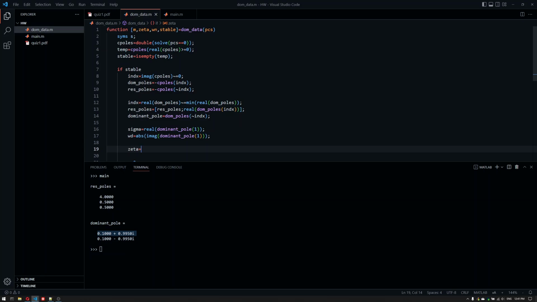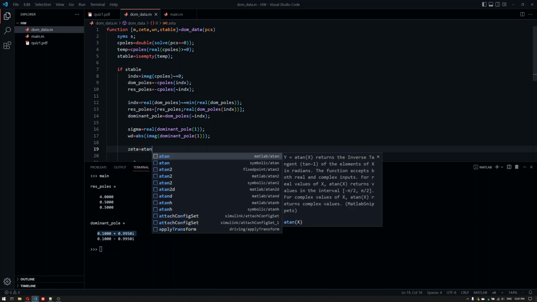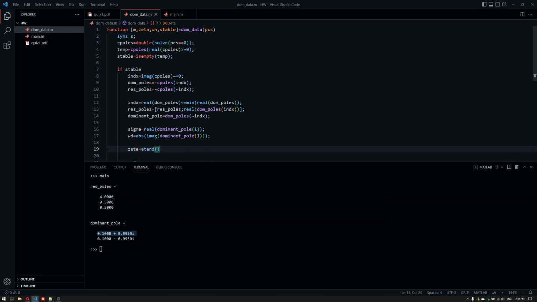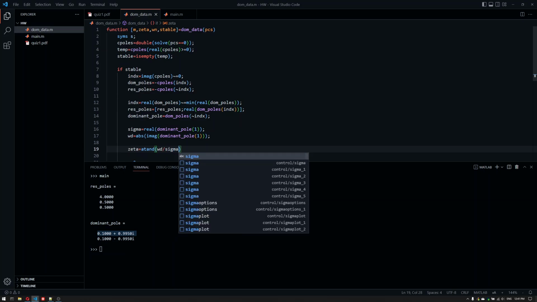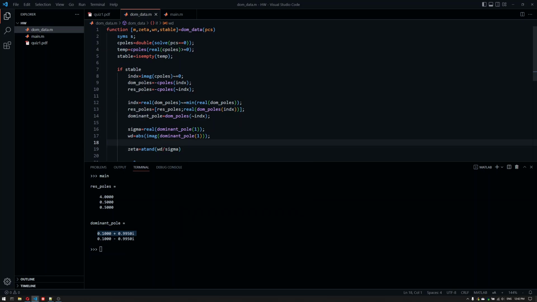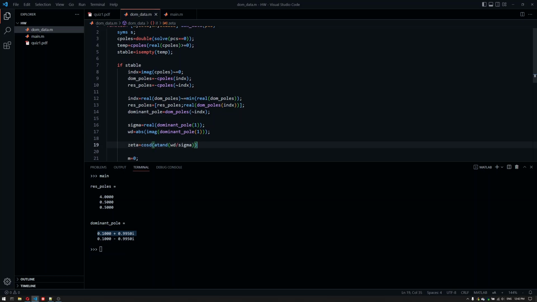So zeta is basically going to be calculated with the a tan of omega d divided by sigma here. So omega d is the imaginary part, sigma is the real part. If you take the tangent, you will get the angle here, the inverse tangent. And if you look for the cosine of it, I'm sorry, it should give you basically zeta here.